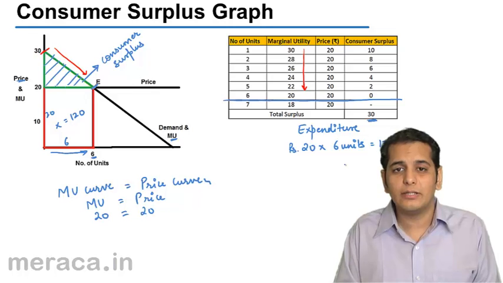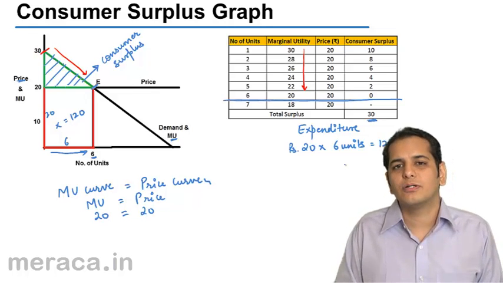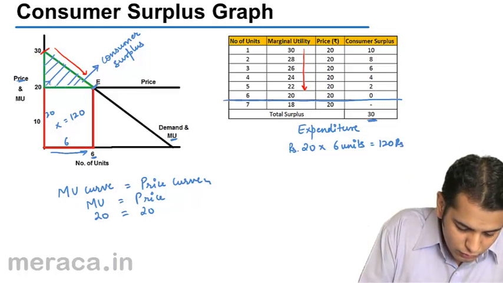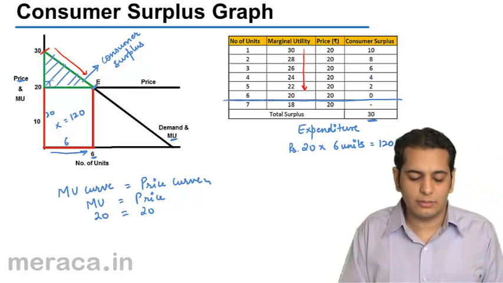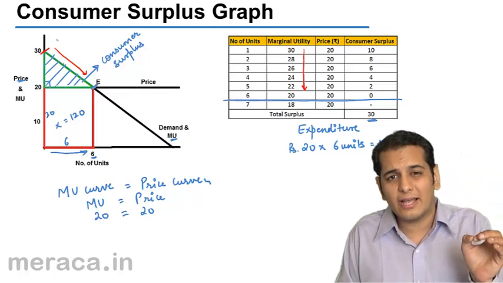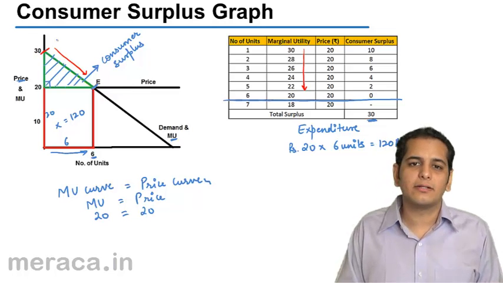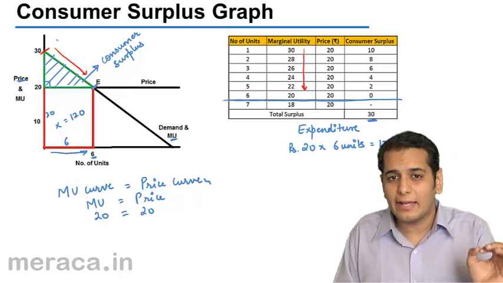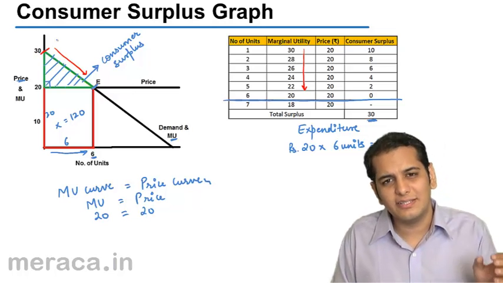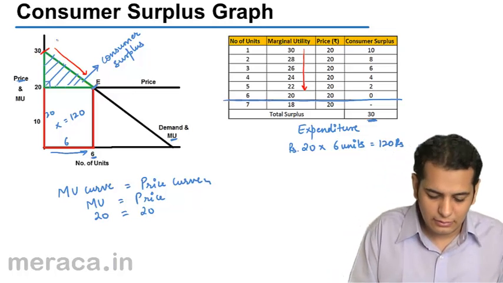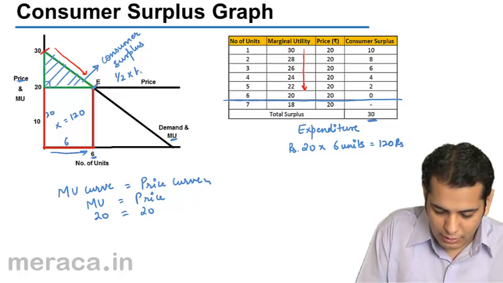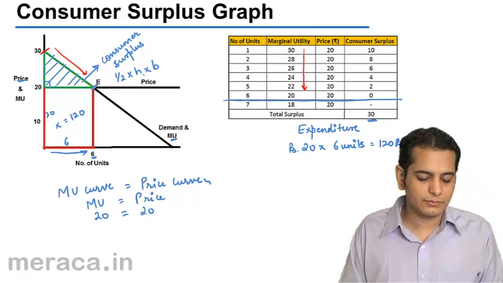But how do we quantify it with the help of the graph? Now, please take a close look at this figure, the green outlined figure. It is actually a triangle. It's a right angled triangle. And how do we calculate the area of a triangle? It is half into height into base.